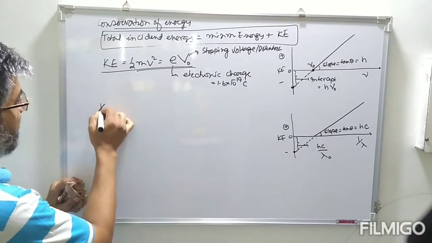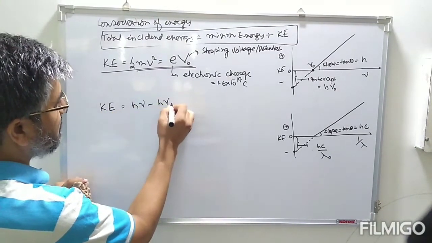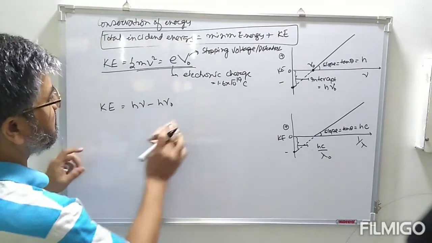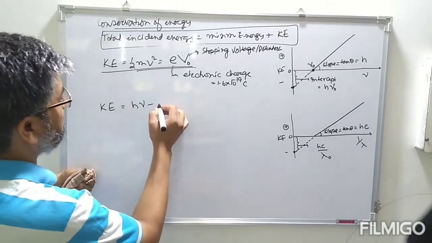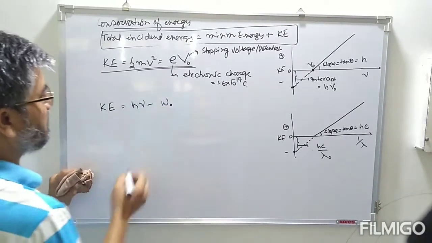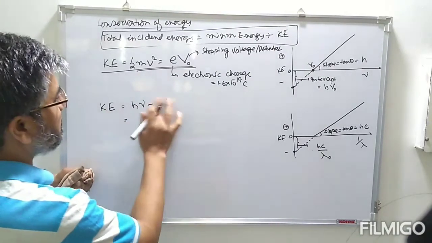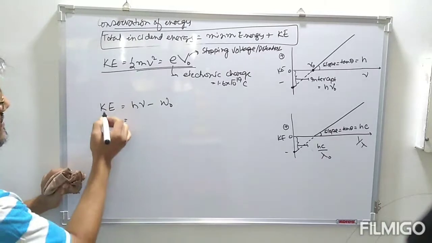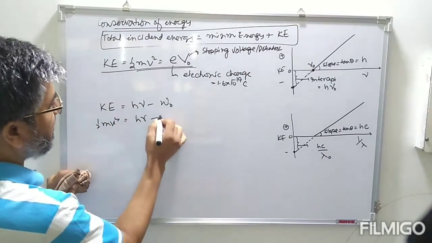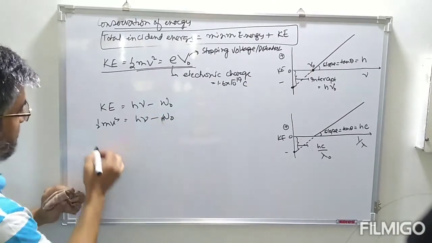In terms of this, we have kinetic energy equal to h nu minus h nu naught. This is work function. So this kinetic energy, half mv square, is h nu minus work function.